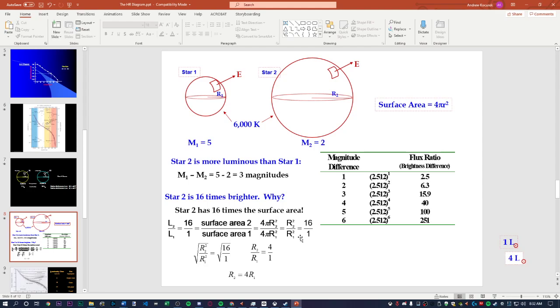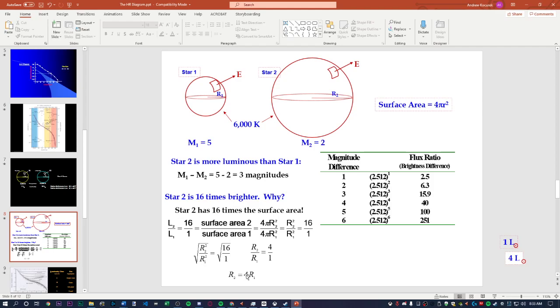We just need the radius of the star. So if we take the square root of both sides, this is r2 over r1 squared. Take the square root of that. 16 divided by 1. Take the square root of that. So this becomes r2 over r1. So we got rid of the squared. It becomes 4 divided by 1. And if we were to cross multiply everything, we would get the radius of star 2 is simply 4 times the radius of star 1.